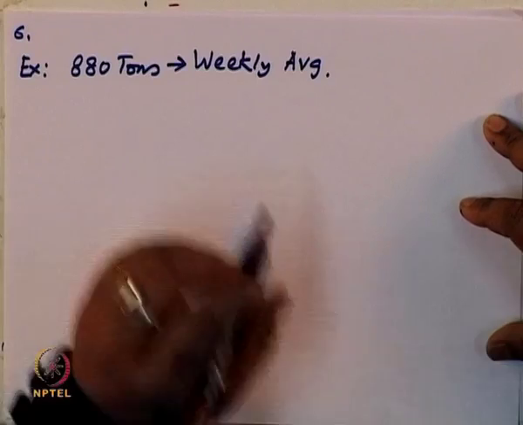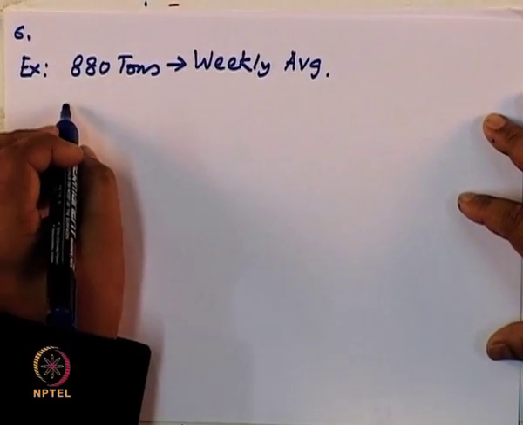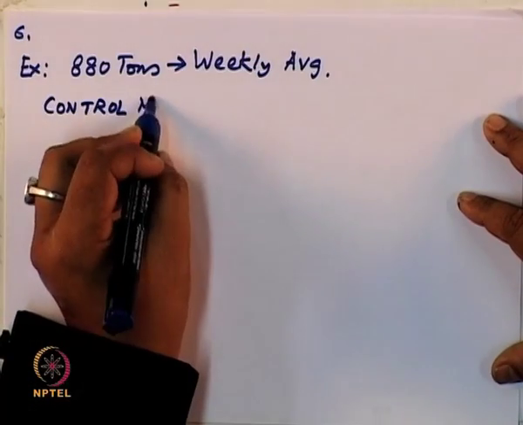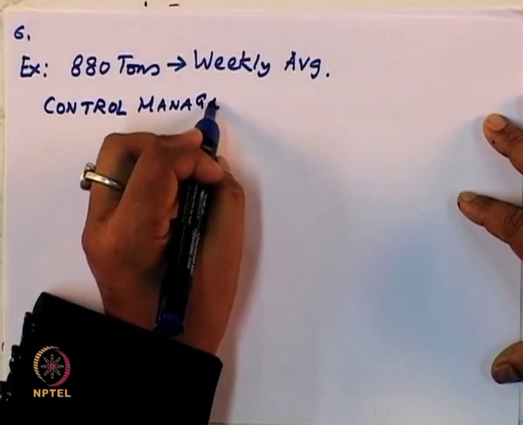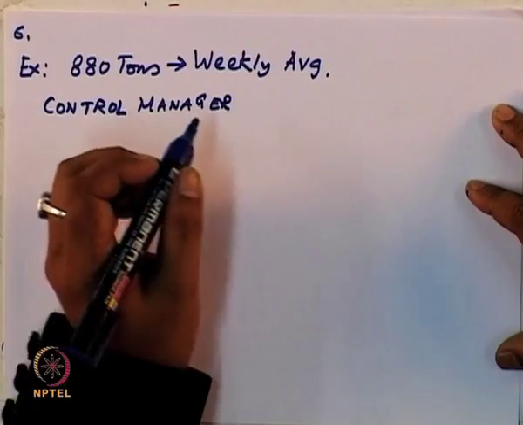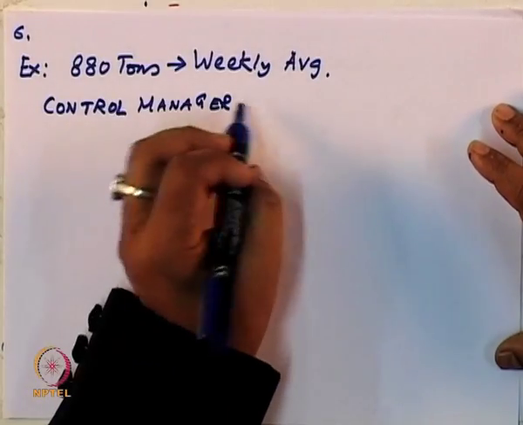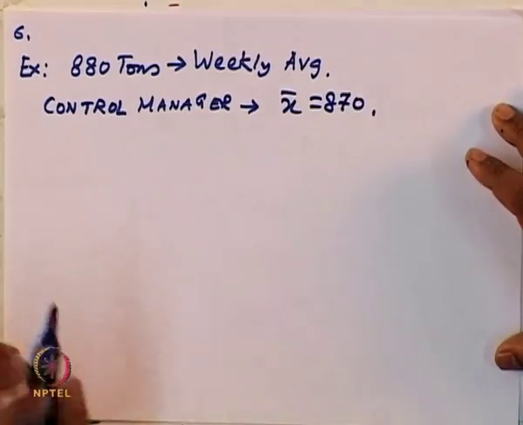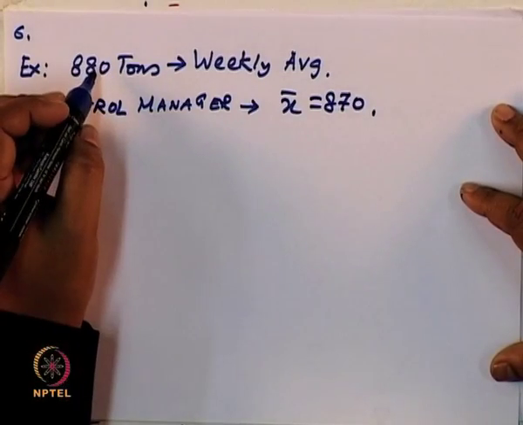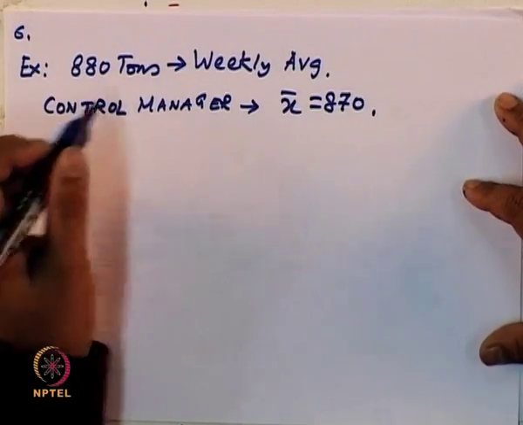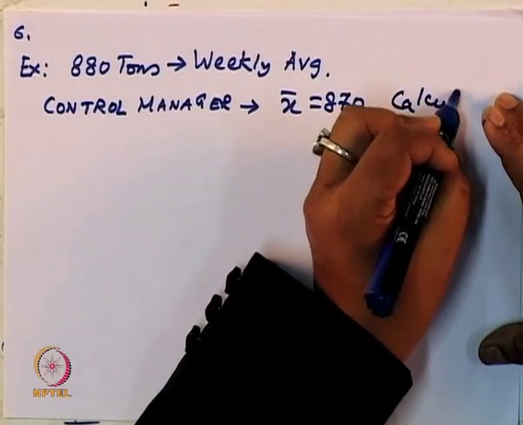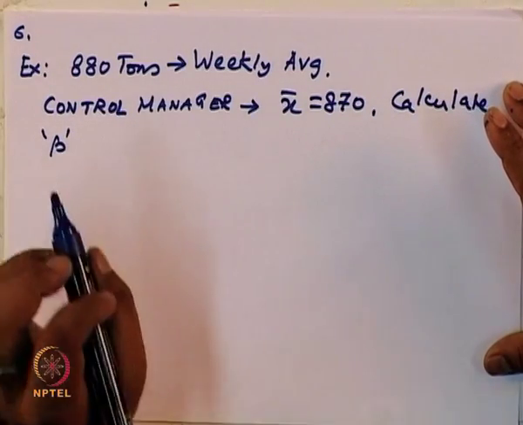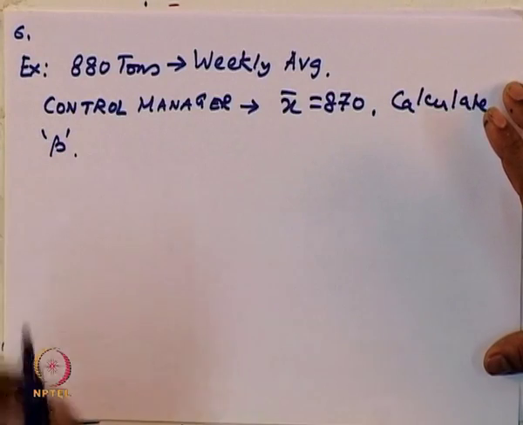Now, let us say the control manager does the statistics and finds that x bar equals 870. So, we want to calculate beta.